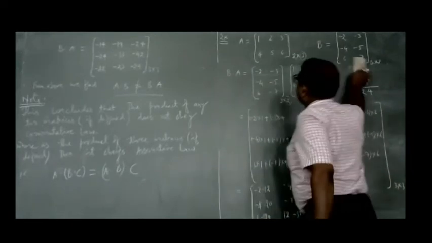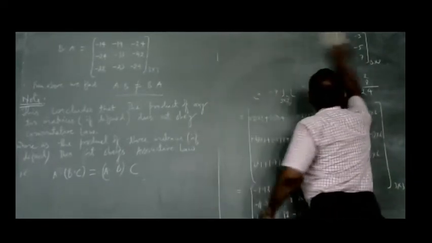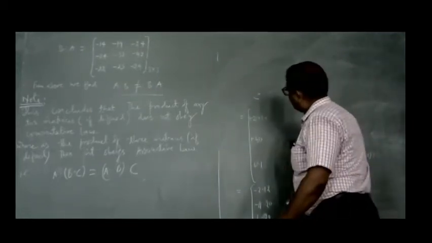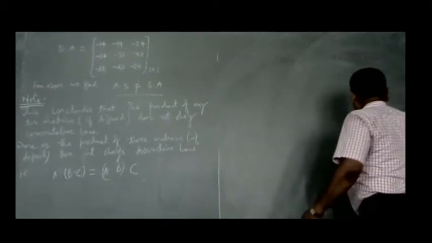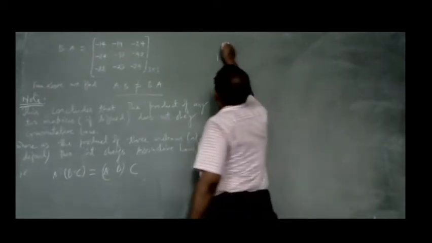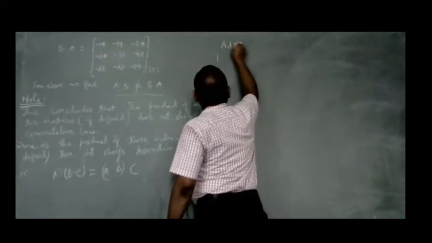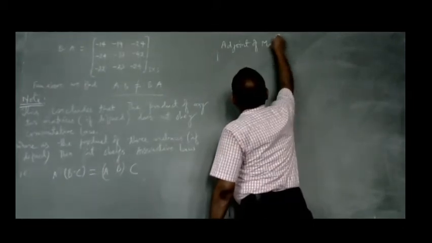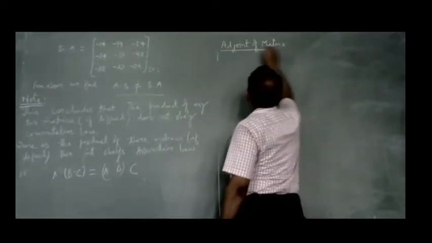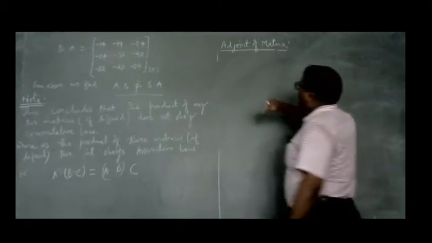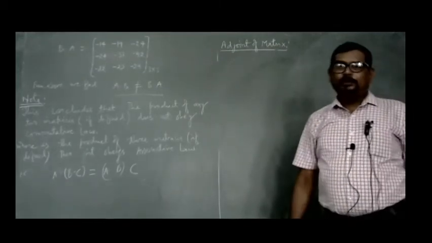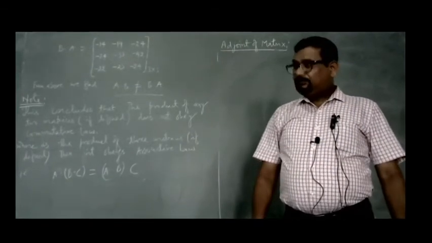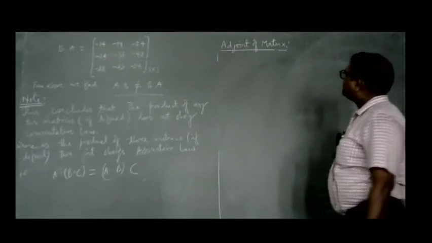Now come to the next one, adjoint of matrix. Adjoint of matrix क्या होता है? ये भी आपने पढ़ा है in class 11-12 कि how adjoint of matrix is defined.